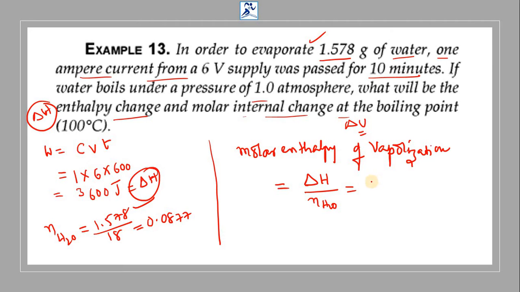The enthalpy value we got is 3600 joules, divided by the number of moles of water, 0.0877. Upon simplification, you will get 41,049 joules per mole.